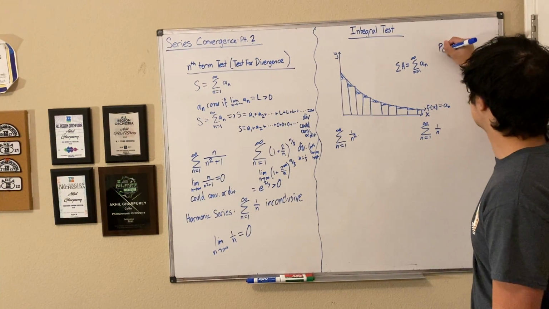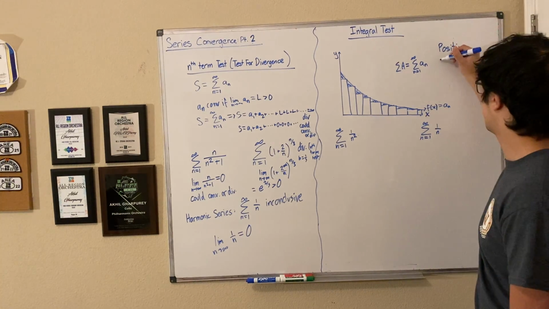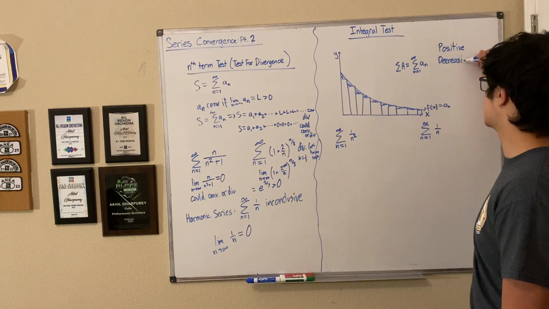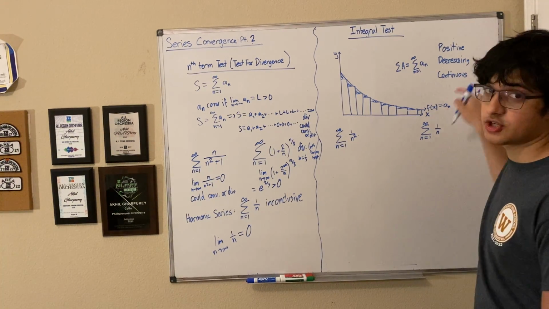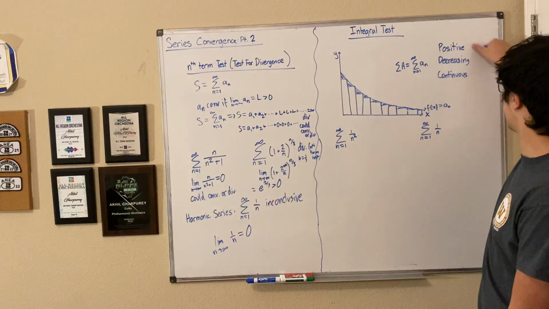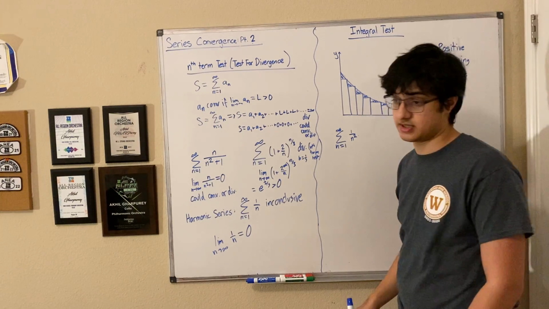The conditions are that f of x must be positive, it must be decreasing, and it must be continuous. These are the 3 conditions that this a sub n needs to fulfill in order for us to be able to use the integral test.